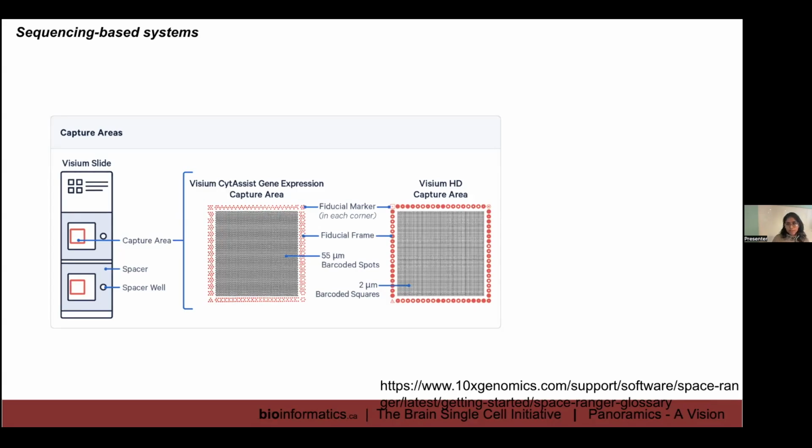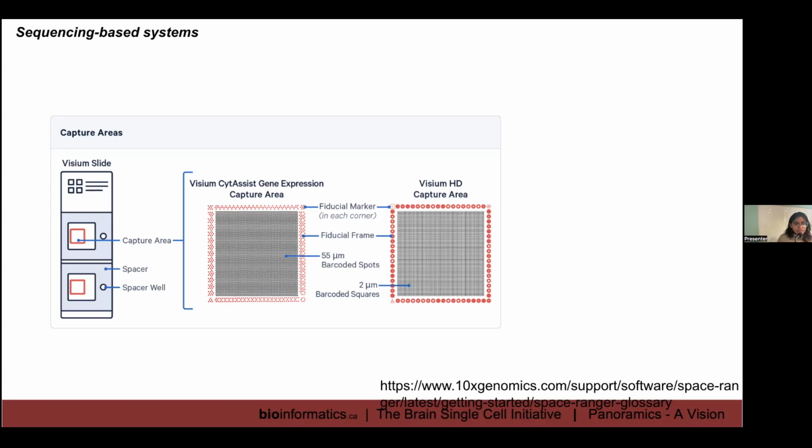Now, what are the limitations of these spots? Some people will argue that this is perfect, that there's no space between the spots. For Visium, Stereo-seq, and DBiT-seq, there's dead space in between.